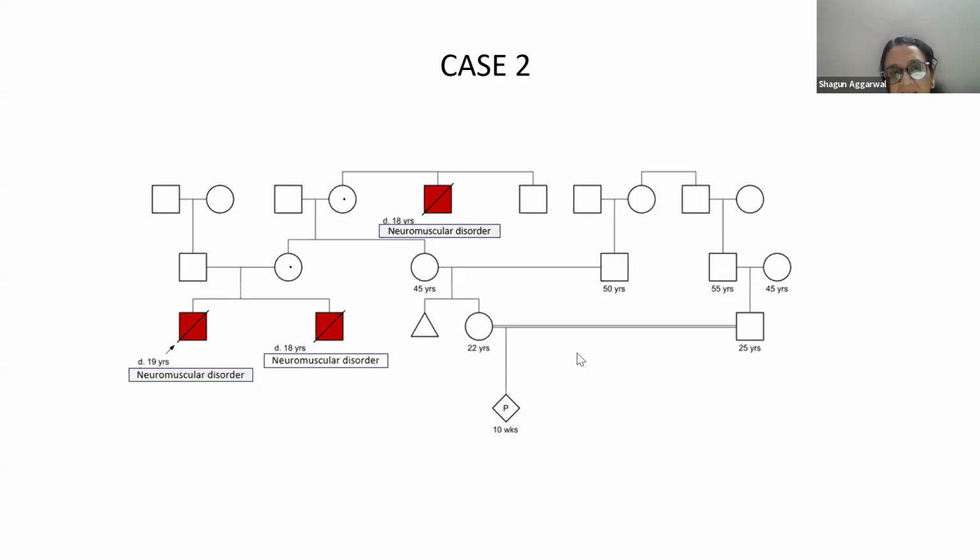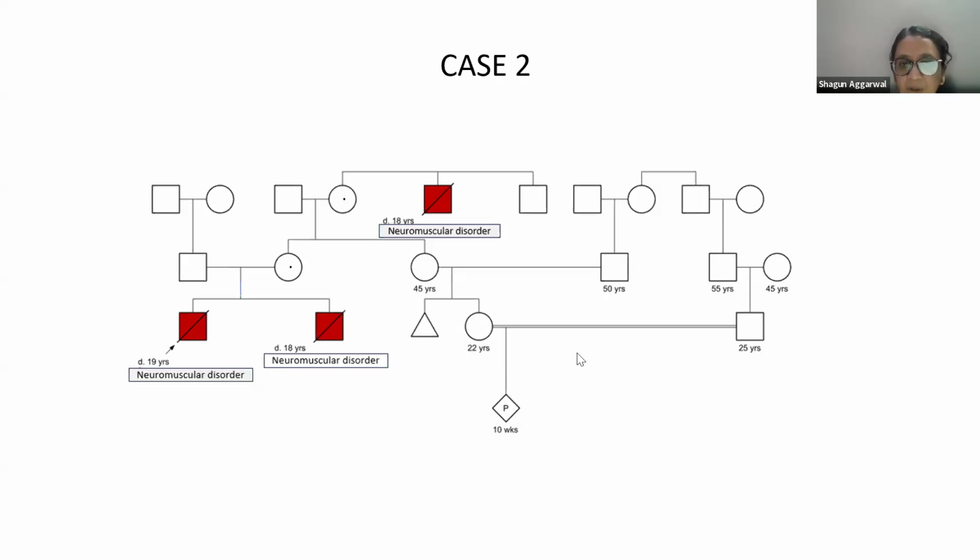By making a pedigree like that, we know that this lady's sons are affected and her maternal uncle is affected. This lady's sibling is affected and her grandsons are affected. So these are two women with two or more affected male relatives across two different generations, and we know these two are really carriers of this particular disease.